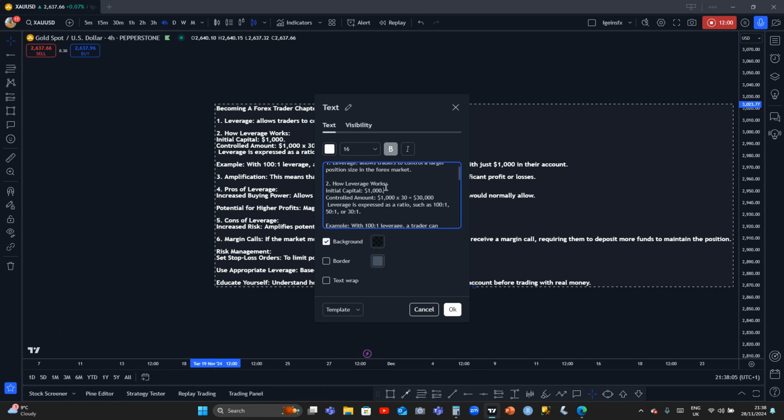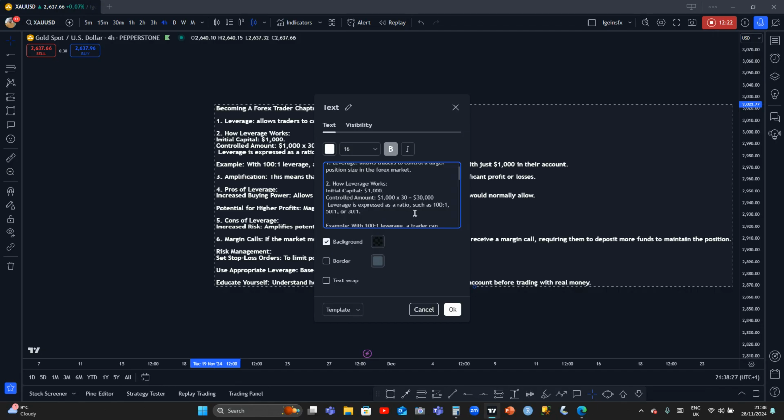Now, after depositing that $1,000 in your account with a broker, we have what we call the controlled amount. Brokers give leverages of different types. It varies.